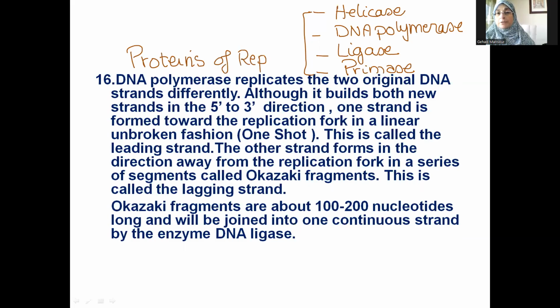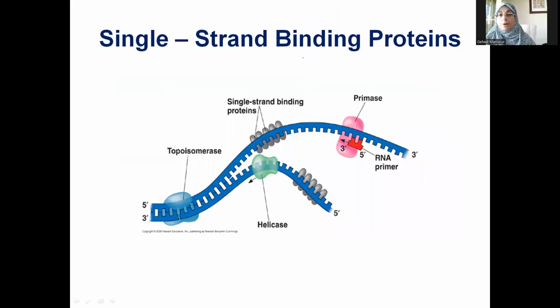So why don't we say the enzymes of replication? Because there are still other proteins that are not mainly enzymes, and that help in the process of replication. So we gather them together under one group, and we call them the proteins of replication. There are other proteins that help in replication, like the single strand binding proteins and the topoisomerases.